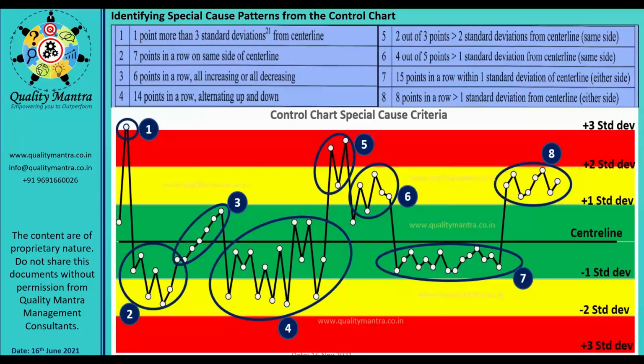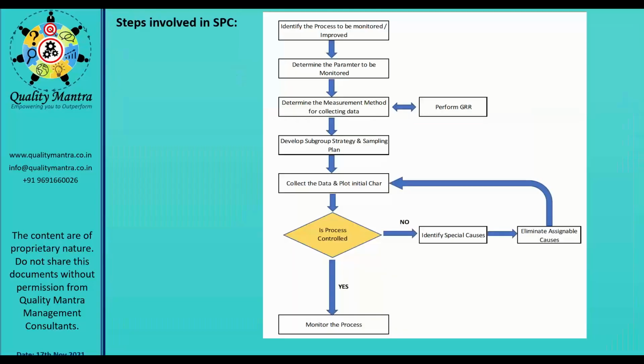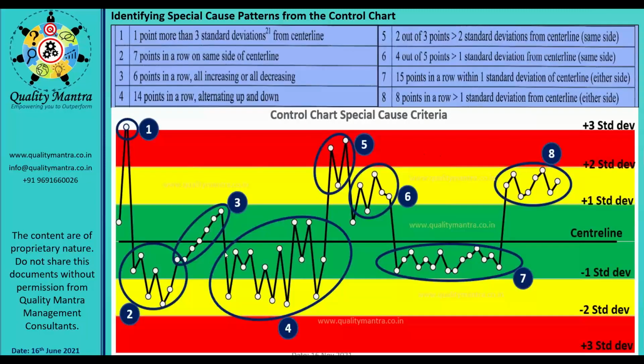When you plot the initial control chart, you need to compare it with these criteria. If any point is out of the control limit, it means there is a special cause present.